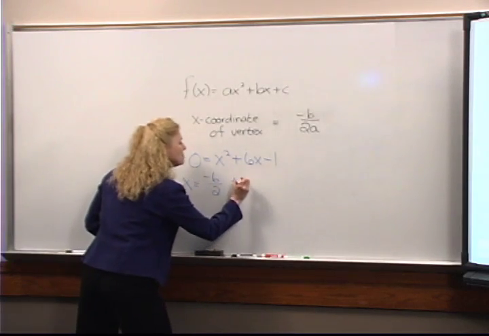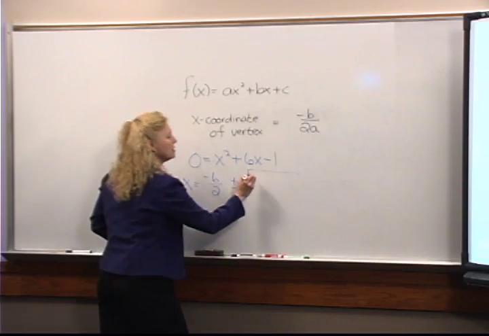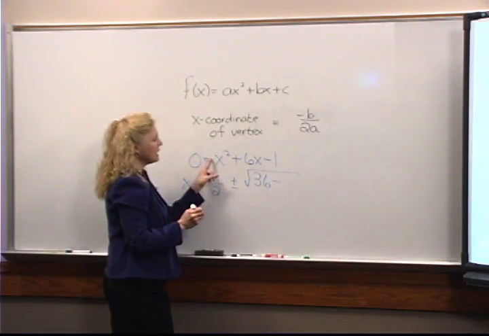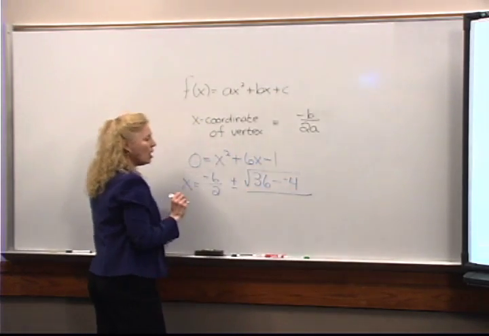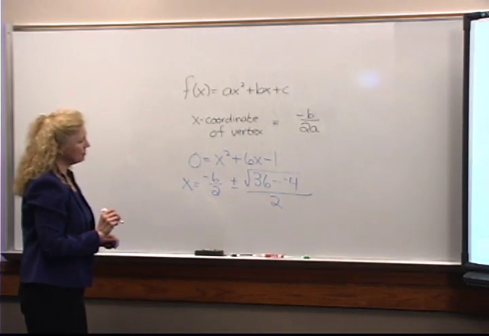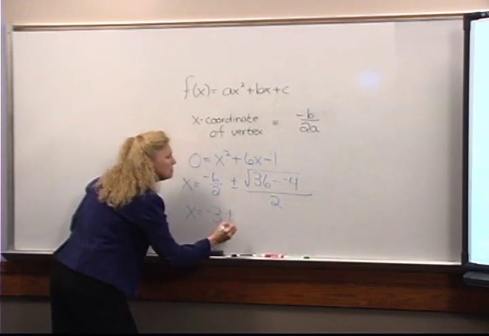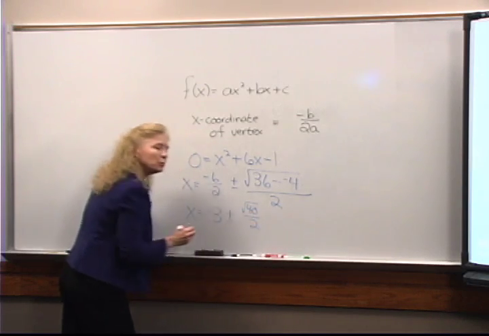Plus or minus the square root of b squared minus 4 times a times c, -4, all over 2 times a, 2. Well, that'll give me -3 plus or minus the square root of 40 over 2.